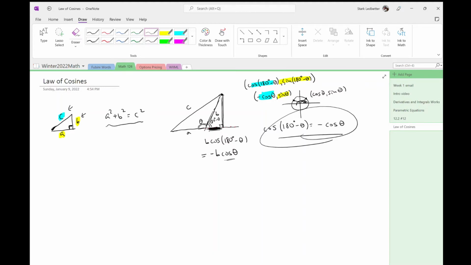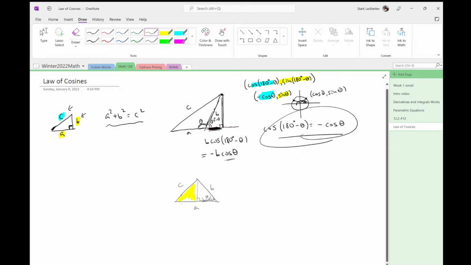If I were doing this with an acute triangle, hold on a second, my stylus isn't working, oh, here we go. If I were doing this with an acute triangle, where this was theta, this would be A, this would be B, then this length here would just be b cosine theta. But then what we would be trying to do is use this triangle, because our C would be here.